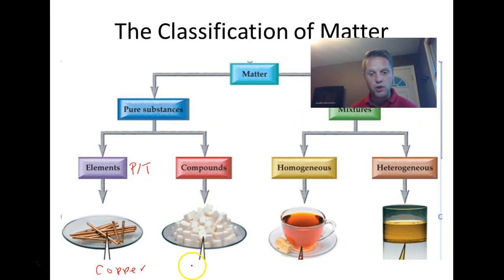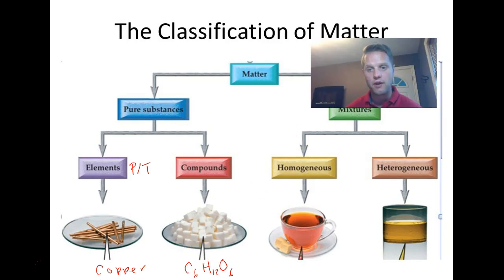For example, this is sugar, and this is a type of sugar. It's made up of 6 carbons, 12 hydrogens, and 6 oxygens. It's a combination of different elements, but it's still pure because if we took these apart, we'd find little molecules of these elements mixed together.